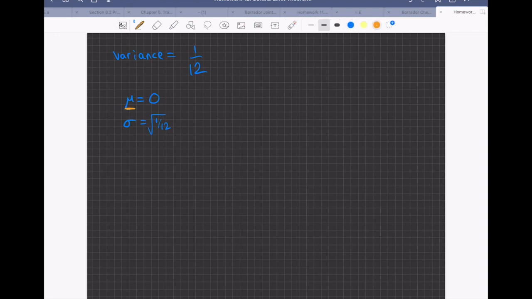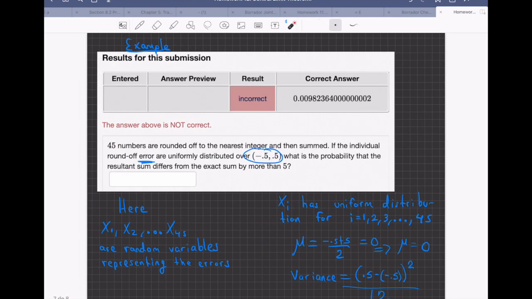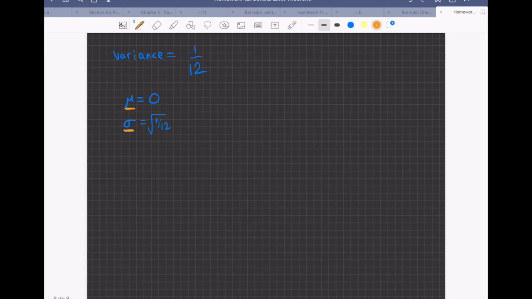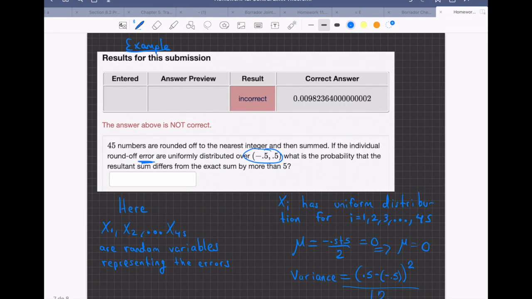Now, what are we looking for? What is the probability that the sum of these random variables, x1 plus x2 and so on up to x45, differs from the exact sum by more than 5?